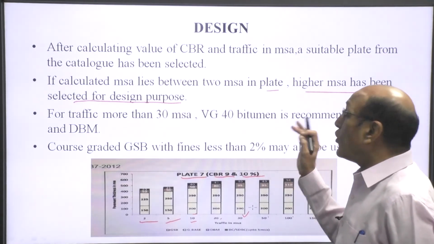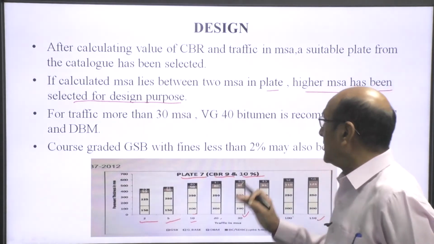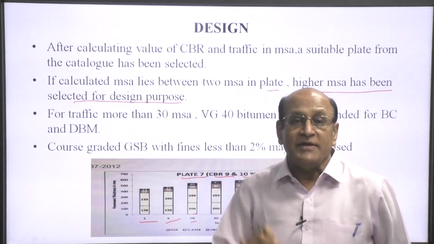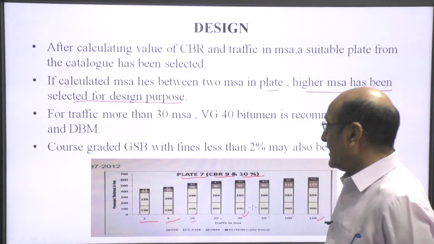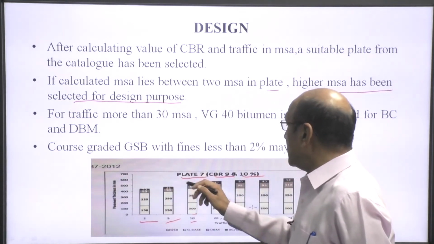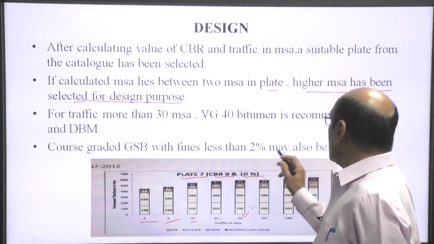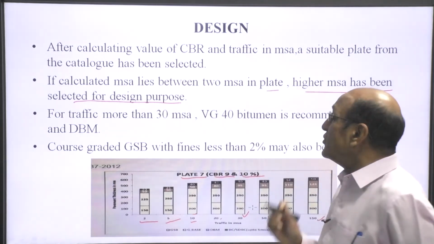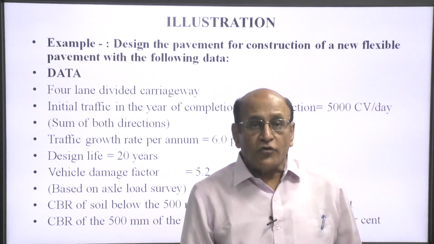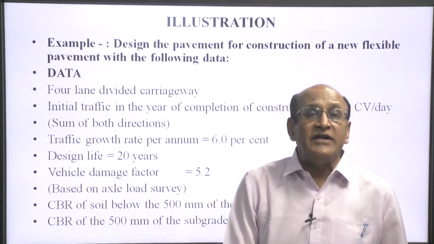For traffic more than 30 MSA, VG 40 is recommended for the BC and DBM, and coarse graded GSB with fines less than 2% may also be used. So, this is the way we can design.